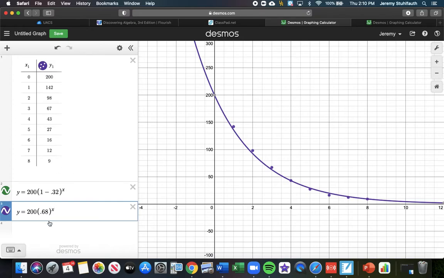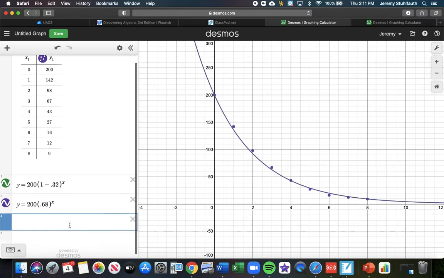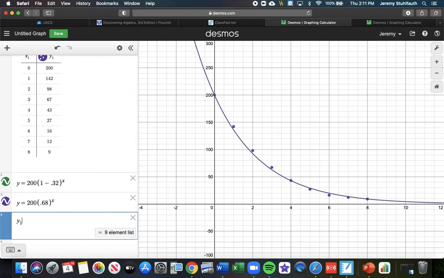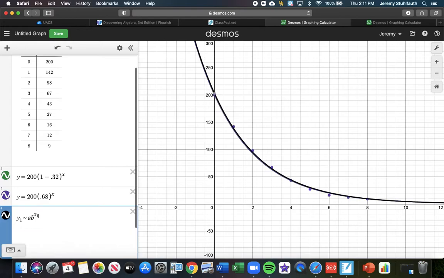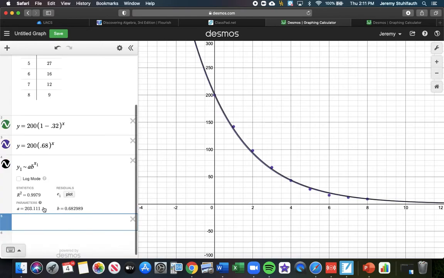Another way that you could figure this out, I'm going to show you how to have Desmos find an equation for you. You could type into your Desmos line, y sub 1 is approximately ab raised to the x sub 1 power. And you'll see that it gives you an equation.